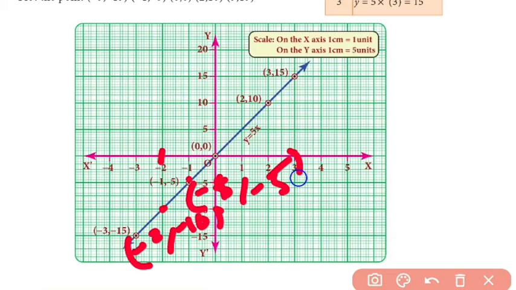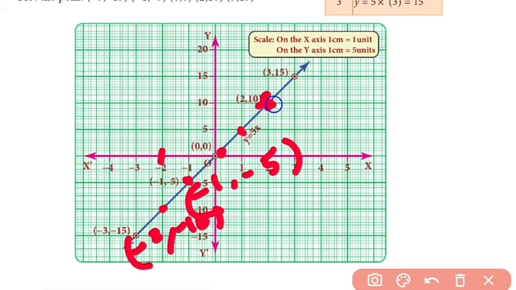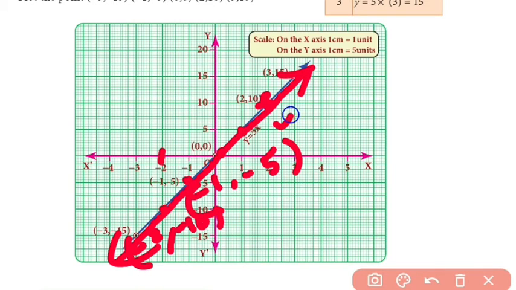Then 0 comma 0, 1 comma 5, 2 comma 10. Five points are enough to draw a straight line. So we write the equation of the line as y equal to 5x. Okay students.